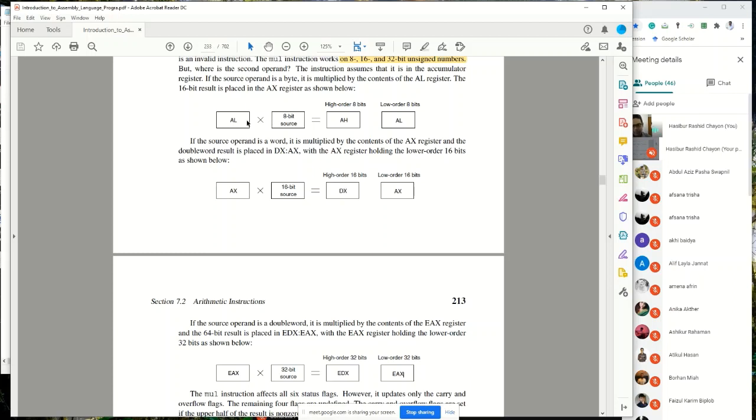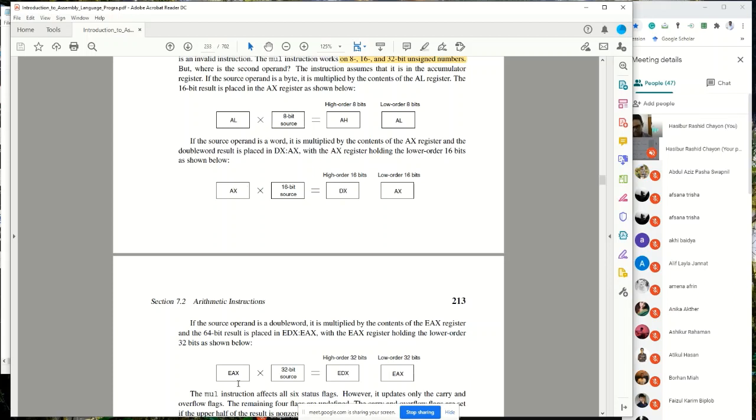Wherever your other operand is stored before the multiplication, the lower part of the result will be stored there after the multiplication, and the higher part will be stored in another register. In the first case it is AH, because together they make the AX register. If it is 16-bit, you have AX and DX. For 32-bit, same: instead of AX we have EAX, and instead of DX we have EDX. These two are also similar.